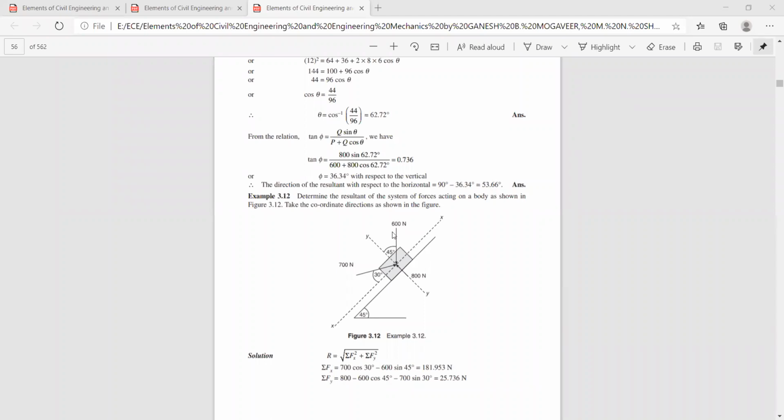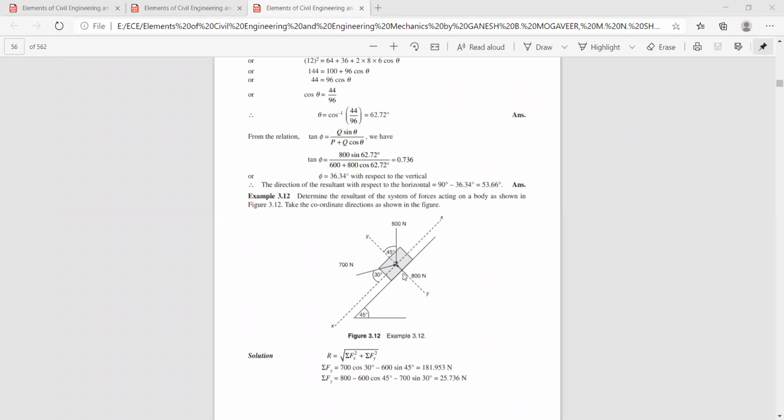So let me resolve with respect to the x-axis. Either it is minus 600 cos 45 or minus 600 sin 45. Here it has been resolved with respect to the y-axis, so its x component is minus 600 sin 45. Thereby you will get sigma F of x as 181.953 Newton, and sigma F of y.